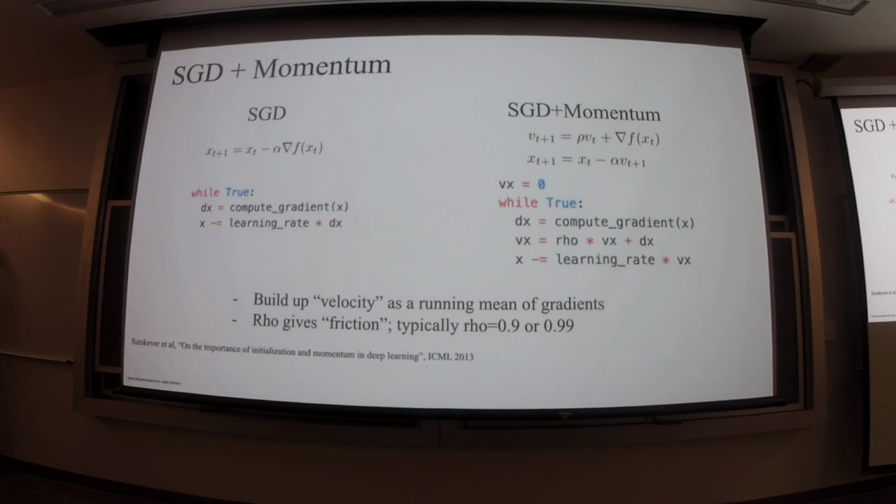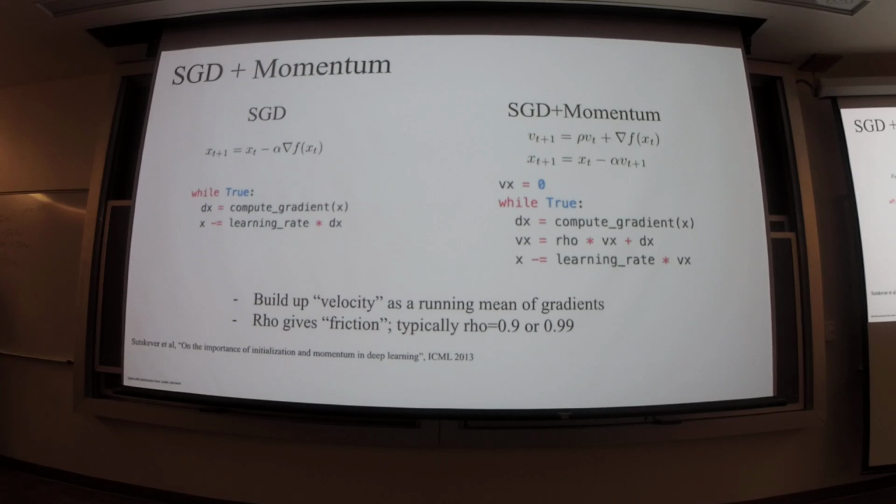And what this is, rho times the gradient. And what I've been saying here is rho is somewhere between 0 and 1. So it's making it smaller. Right? And then our next momentum is going to be rho times v2 plus gradient at x3.